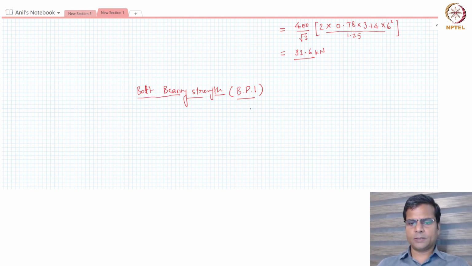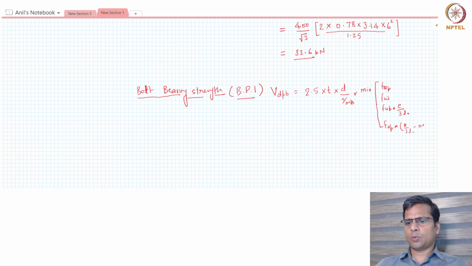For bearing plane 1 or bearing surface 1, the expression for bearing strength is given as V_dpb equal to 2.5 times the thickness times the diameter of the bolt divided by gamma mb, multiplied by the minimum of these values: Fu of the bolt, Fu of the plate multiplied by e divided by 3d0, and Fu of the plate multiplied by p divided by 3d0 minus 0.25.